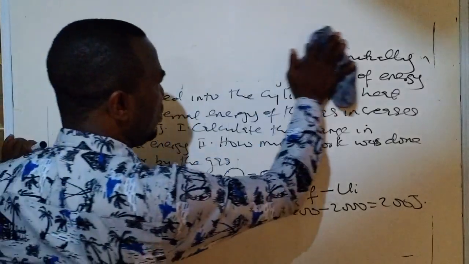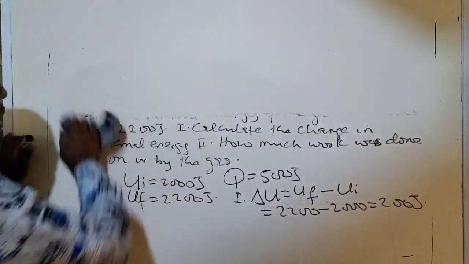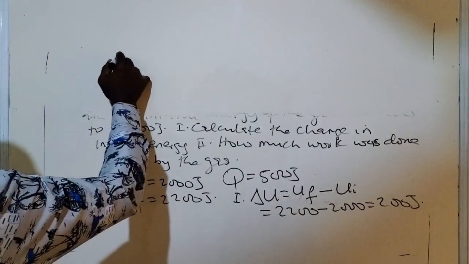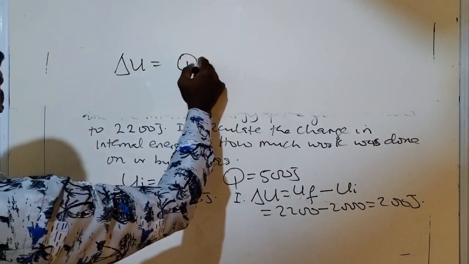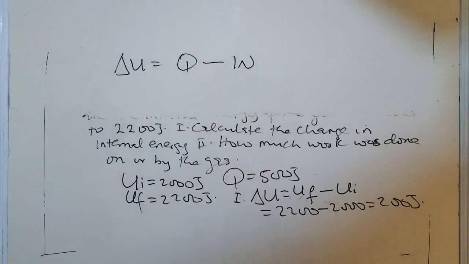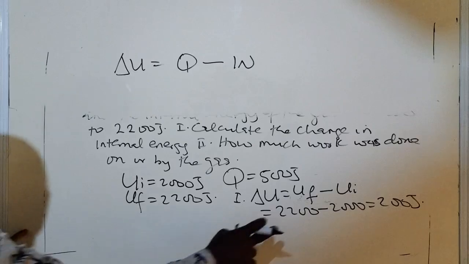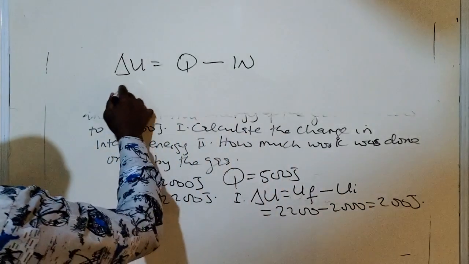So let's write the upper side. You know that the change in internal energy is given by Q minus work done. We're looking for work. So make substitution. Our change in energy is 200.